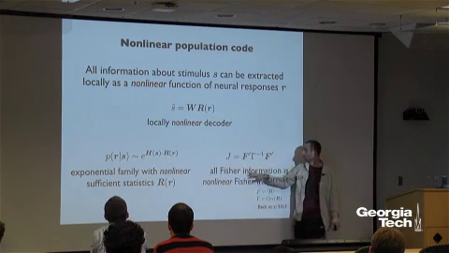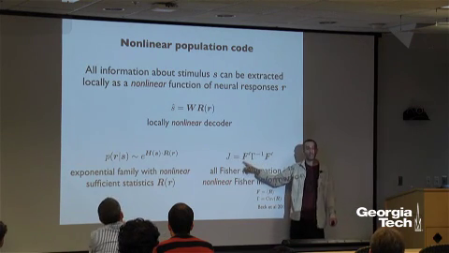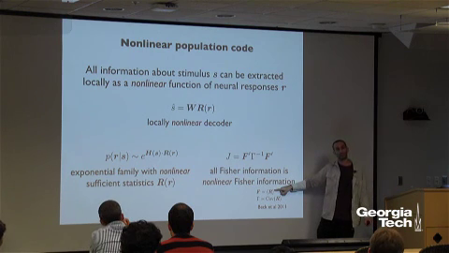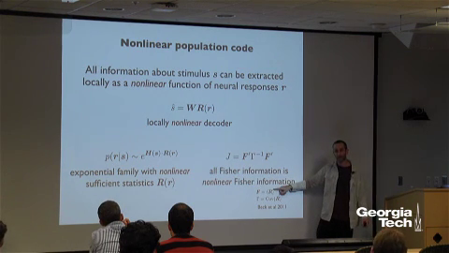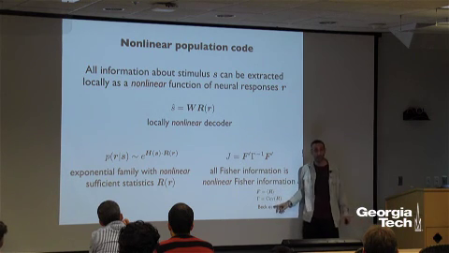And the Fisher information is nonlinear Fisher information. So the sensitivity is the sensitivity of the average of big R. Before it was the average of little r, now it's the average of big R. And the noise is the covariance of big R.